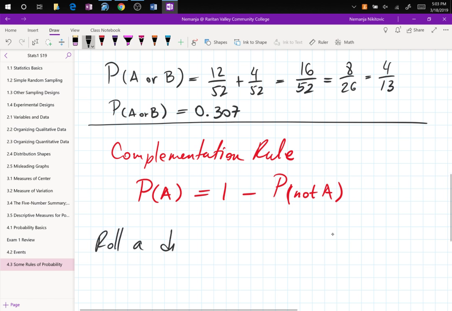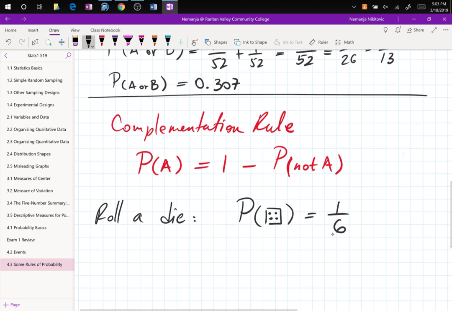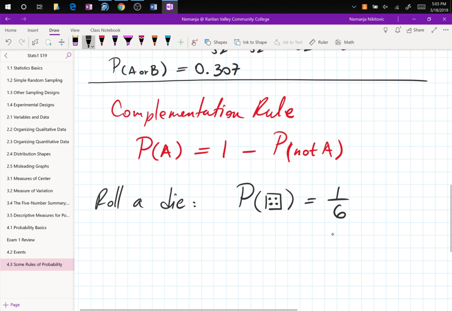Roll a die. The probability to roll a 4 is 1 in 6. The probability to roll not 4, which means roll anything other than a 4, is going to be 1 minus 1 over 6, which is 5 out of 6.